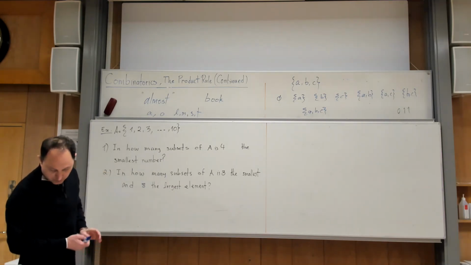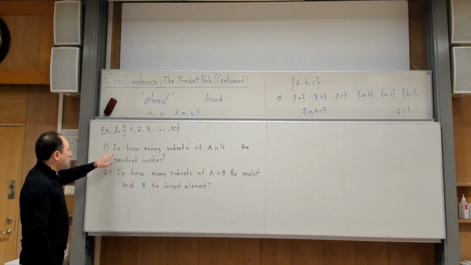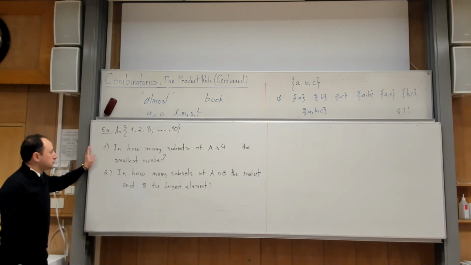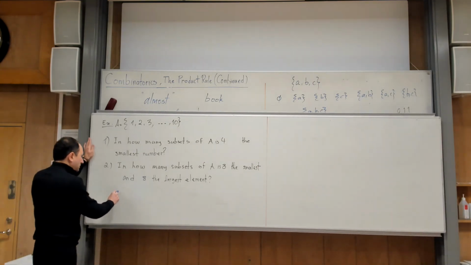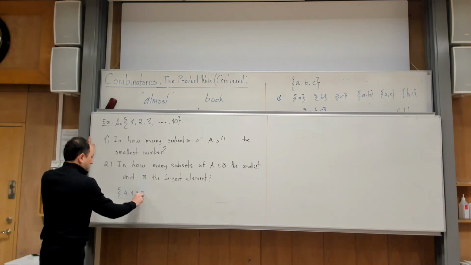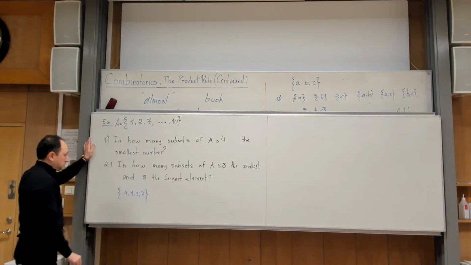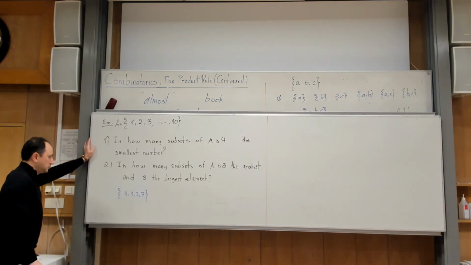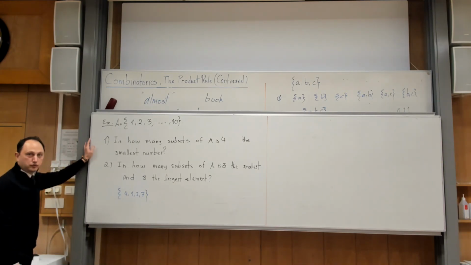So, in how many subsets of A is 4 the smallest number? For example, is this acceptable or not? No. This is not acceptable, yes? Because the smallest element is not 4.